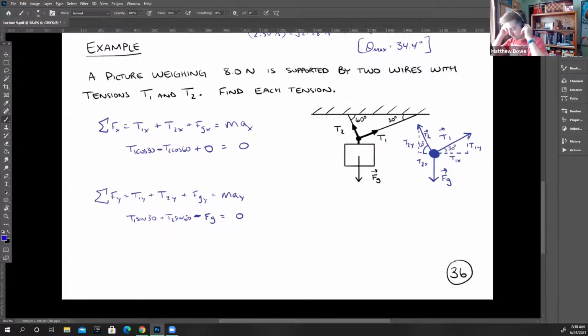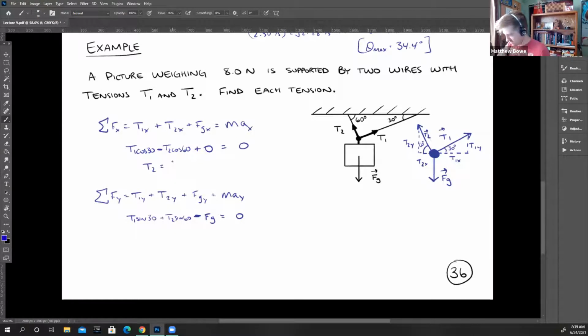Now, here is the point where we could see that we have 2 unknown variables in this equation and 2 unknown variables in this equation. And we're basically wanting to solve for these variables eventually. So let's just solve for one completely up on this X component. So let's solve for T2.